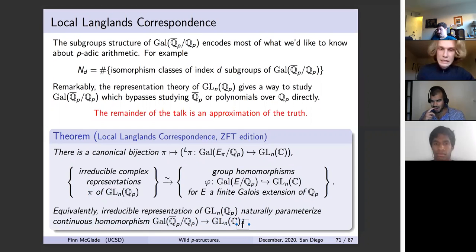Then the kernel of that will, by Galois theory, be Gal(Q_p-bar/E) for some finite Galois extension E. And the homomorphism will factor across Gal(Q_p-bar/Q_p) divided by Gal(Q_p-bar/E), which is Gal(E/Q_p).